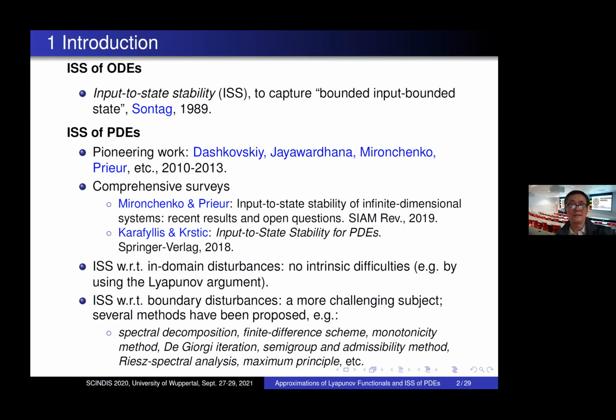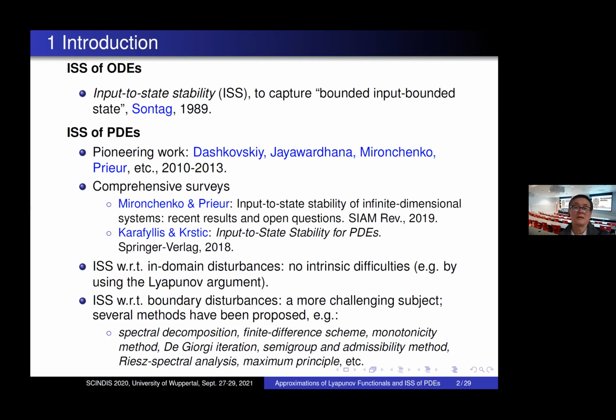There are many results, published recently. You can see a comprehensive survey in the paper of Jinko and Perth, and also in the monograph of Karafillis and Kostic. So for PDE systems, the disturbances appear mostly in two places.